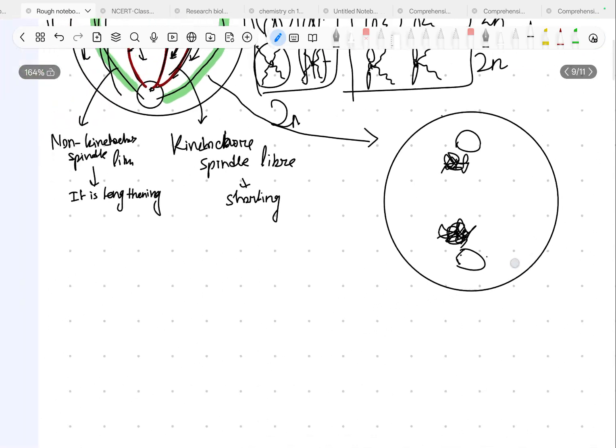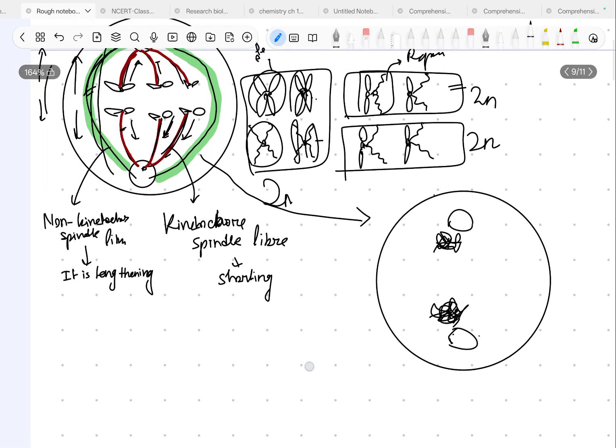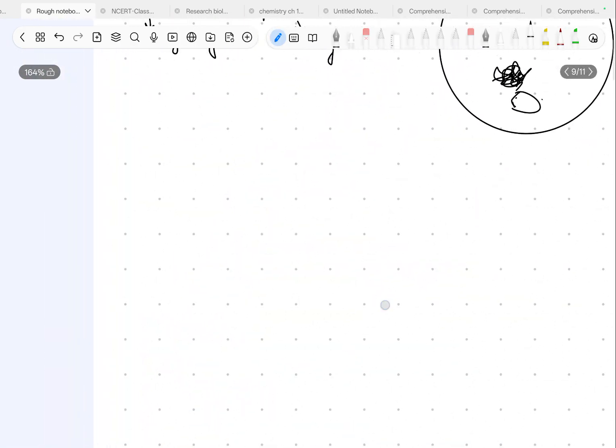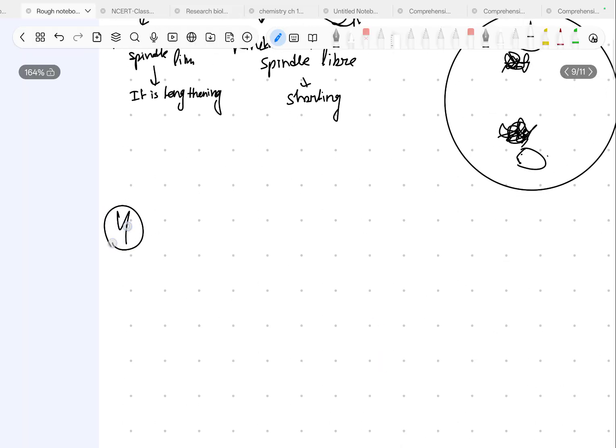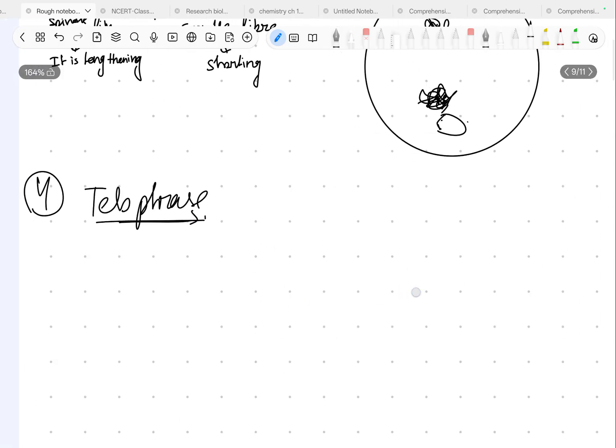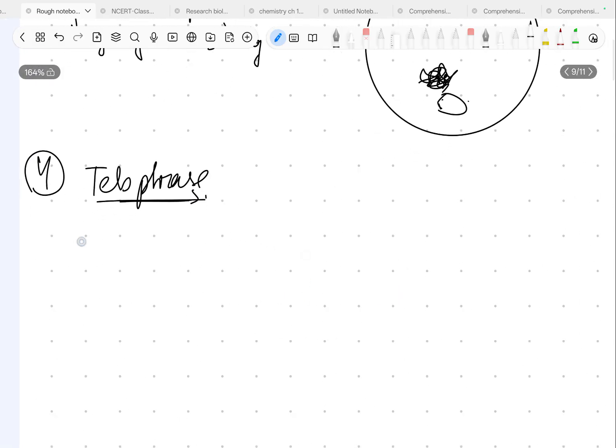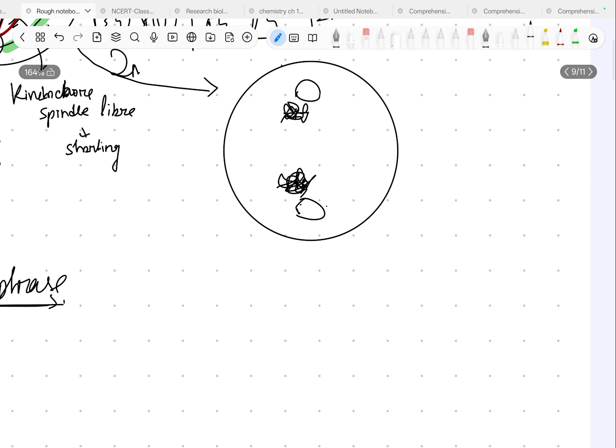Okay, then I am talking about the final step, that is the fourth step. That is telophase. In this telophase, what actually occurs? Here the chromosomes are in the chromosome form only, means the chromatin is not formed.